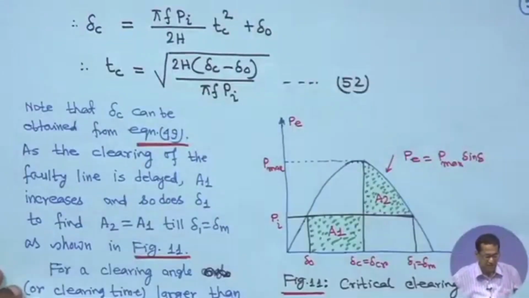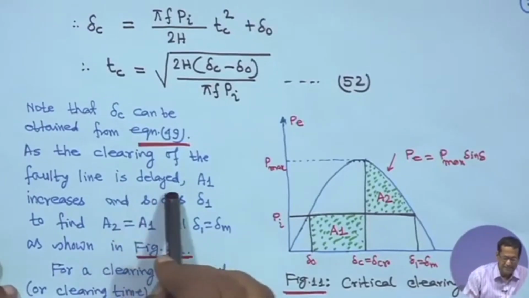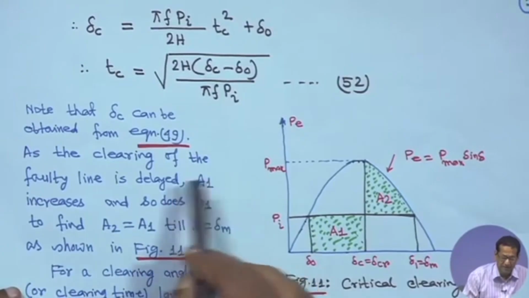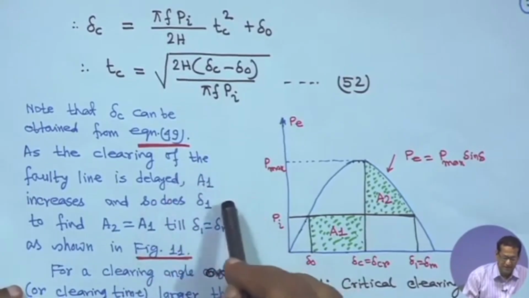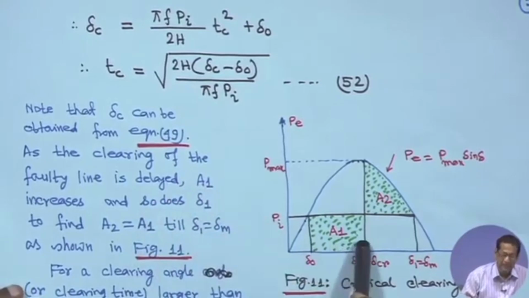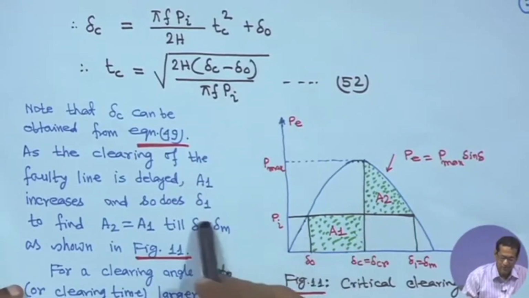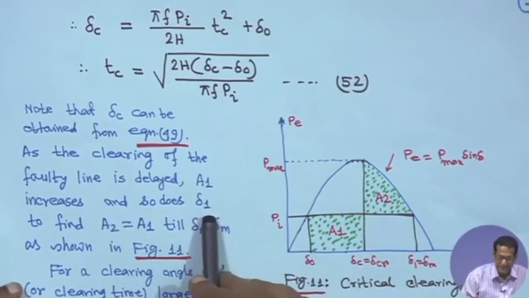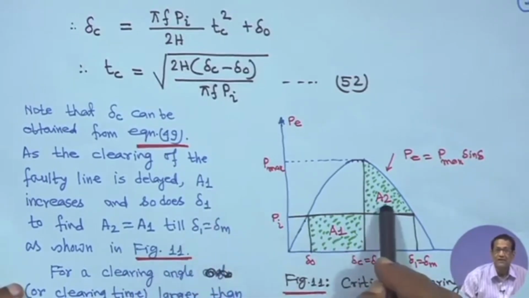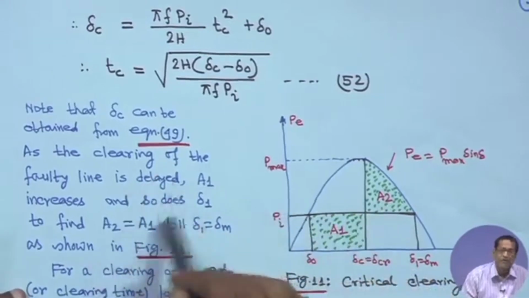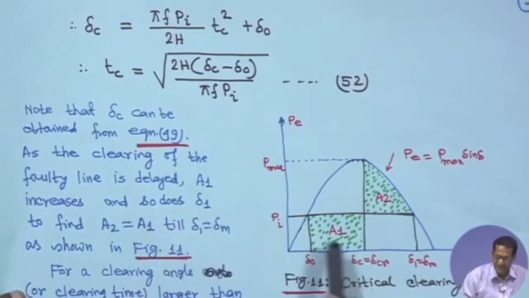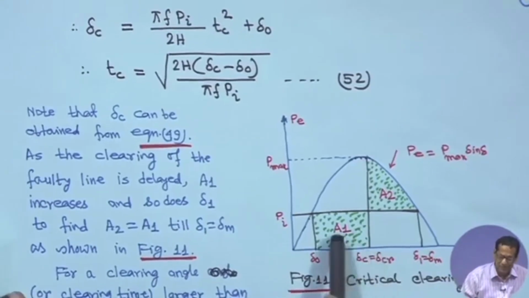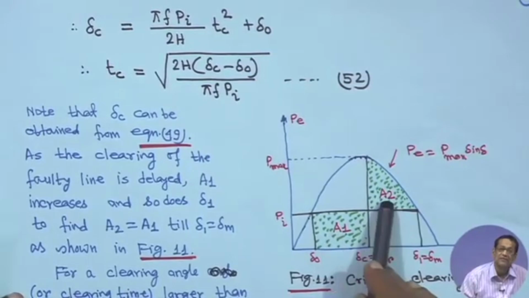Now, as the clearing of the faulty line is delayed, area A 1 increases, and so does delta 1, to find area A 1 equal to A 2. But there is a limit, beyond that the system will become unstable. So still A 1 is equal to A 2 is the condition.